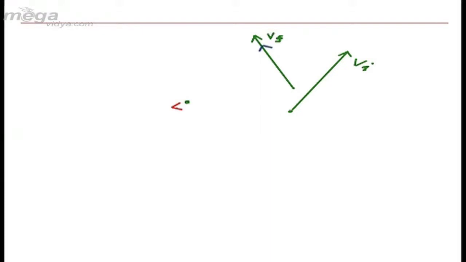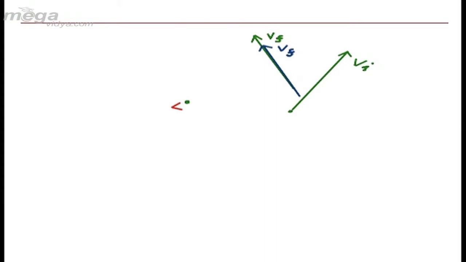This is center C. As there is no separate procedure in vector analysis for subtraction, we just follow the addition of the negative of the initial velocity vector to the final velocity vector, then obviously we will get V final minus V initial.